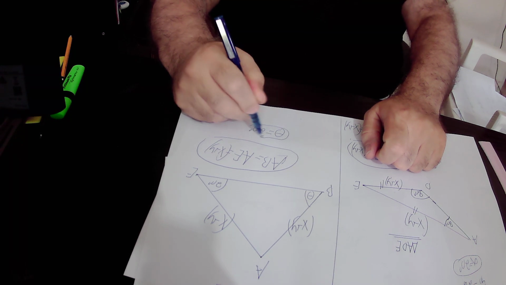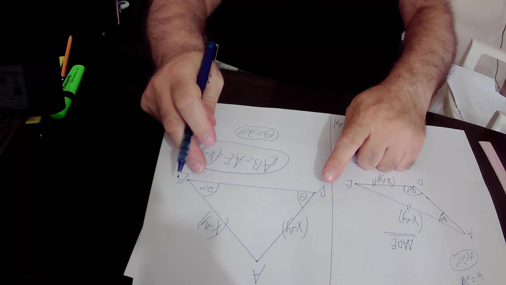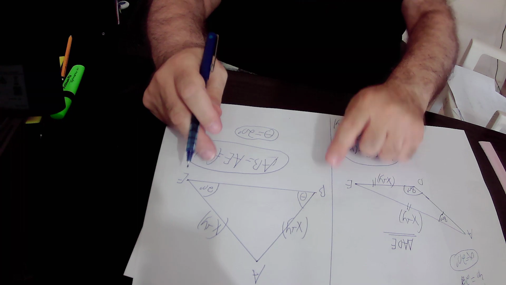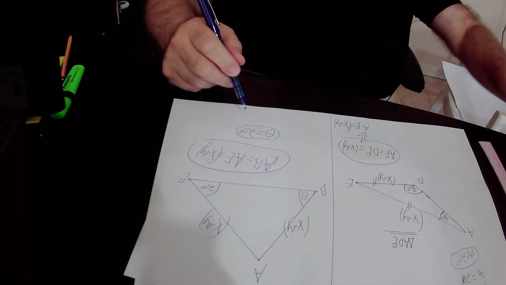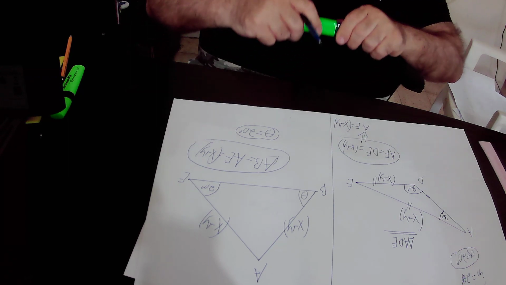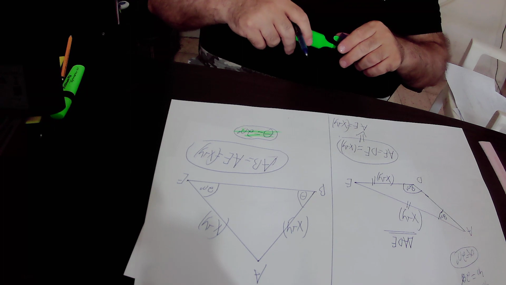Why? Because theta and 20 degrees are located in front of equal sides, therefore they are equal. And that is the answer to the question. The angle we are looking for, angle theta, equals 20 degrees.